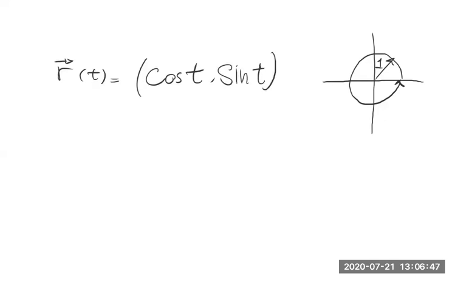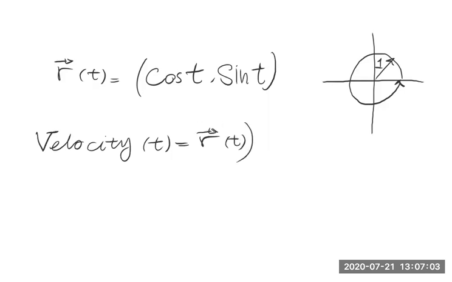Okay? If I ask you what is the velocity of this particle at time t, you should compute the derivative of this function. I would show derivative as r prime. So cosine t would become minus sine, derivative of cosine is minus sine, derivative of sine is cosine.